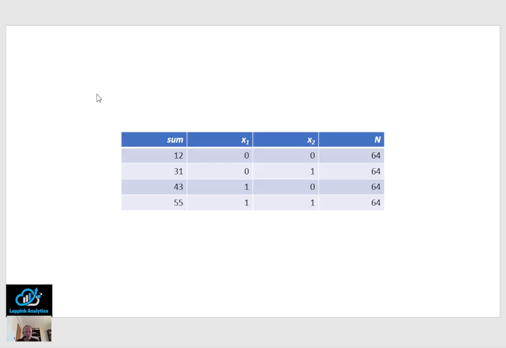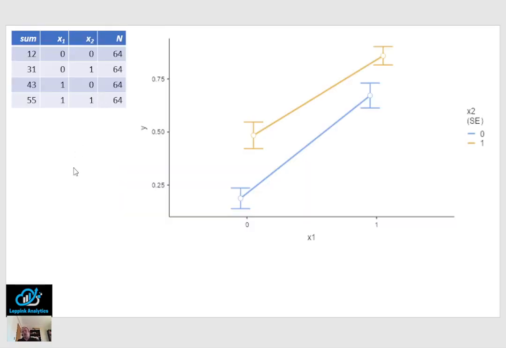So there are 12 success cases in the control group, 31 success cases for the participants that received only x2, 43 successes for the participants that received only x1, and a total of 55 successes for the participants that received both treatments.